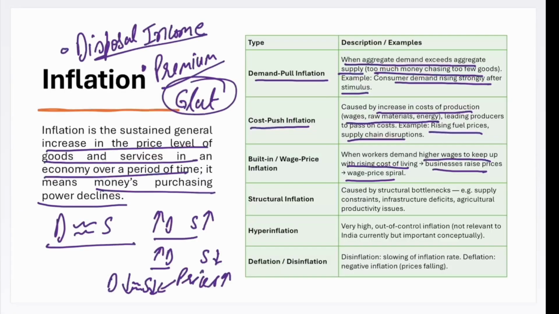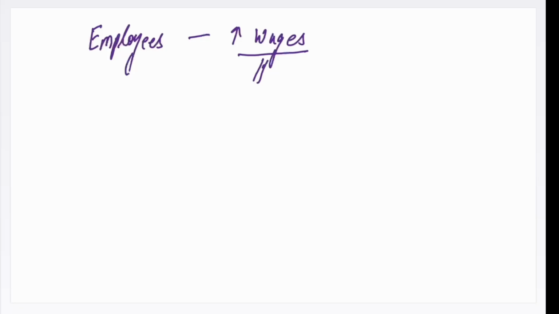Okay, so what has happened? Wage spiral we were discussing. What can happen in such a scenario is that employees are asking for higher wages. When they demand higher wages, they get higher wages. Now these wages are one of the components of the goods they are producing. So goods have a cost to them. What are the cost factors involved?